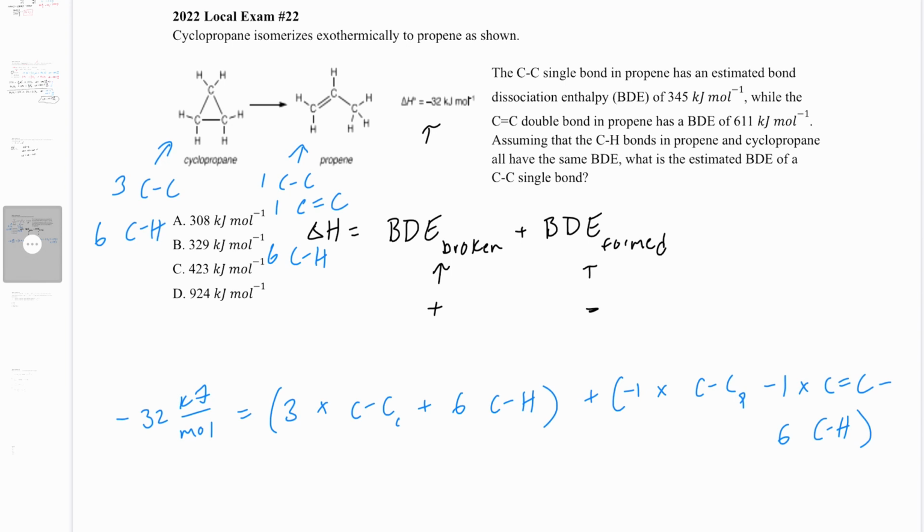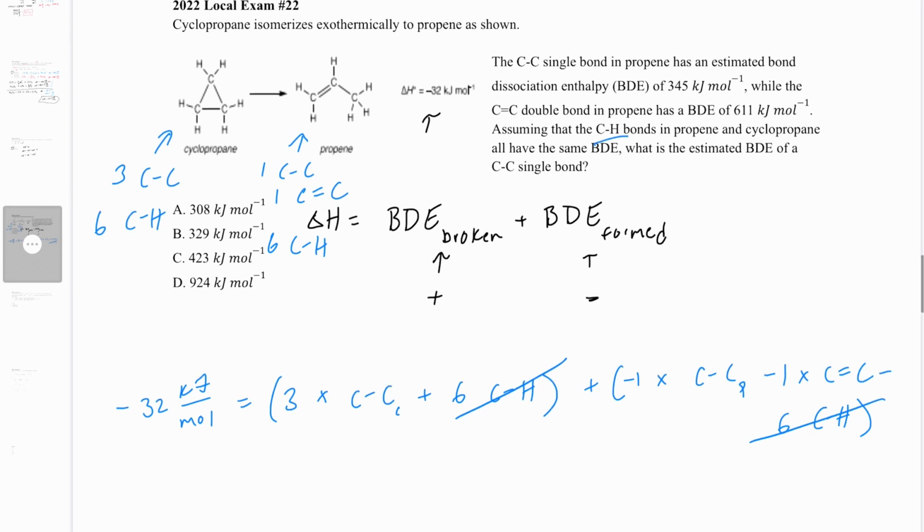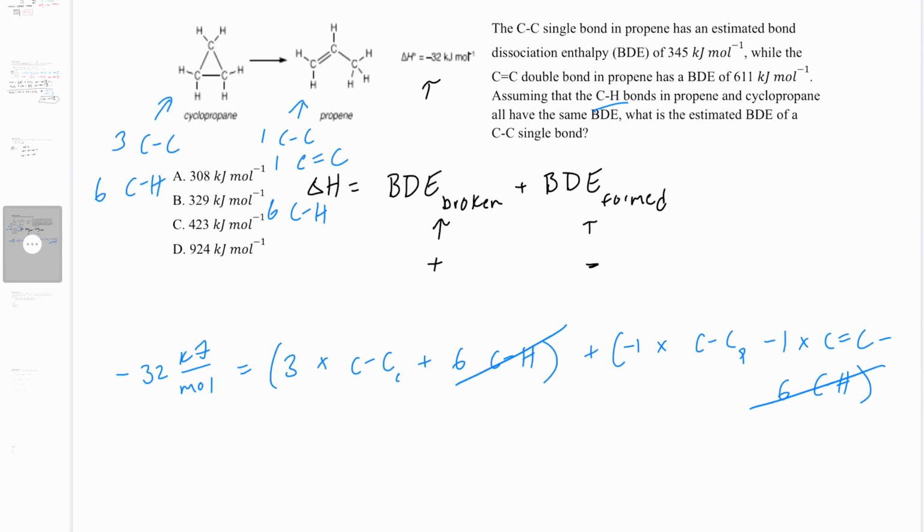Okay, there's a lot here, but there's something that we can do to clean up this equation that we have here. We have 6 of our carbon-hydrogen bonds here, and we have -6 of our carbon-hydrogen bonds here. And we can cancel them out because we're told that the CH bonds in propene and cyclopropane have the same bond dissociation enthalpies.